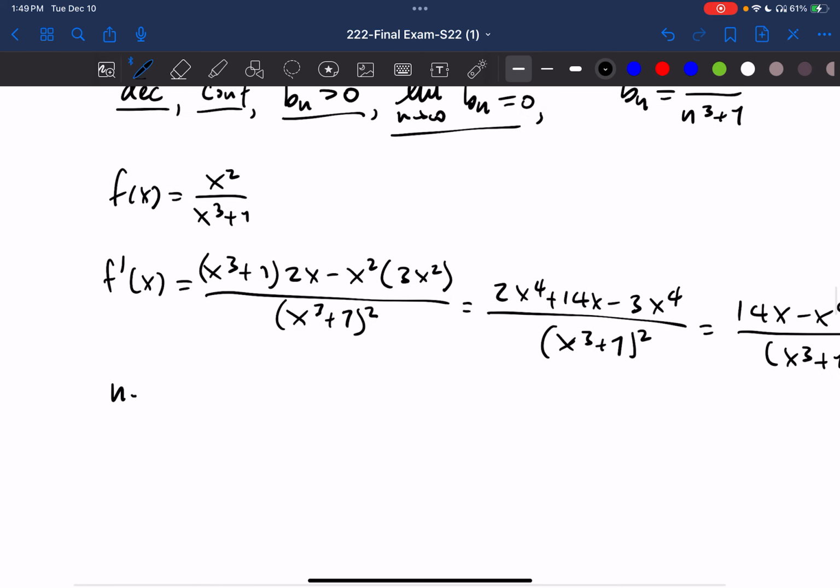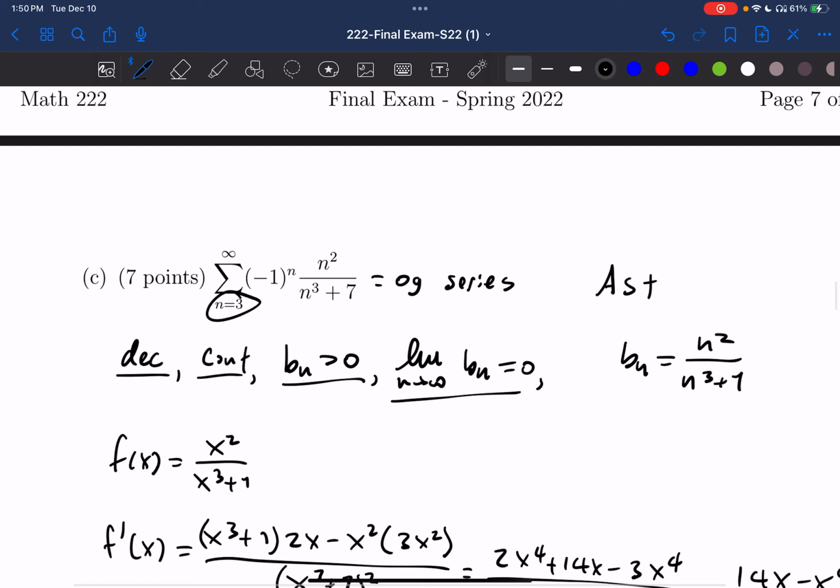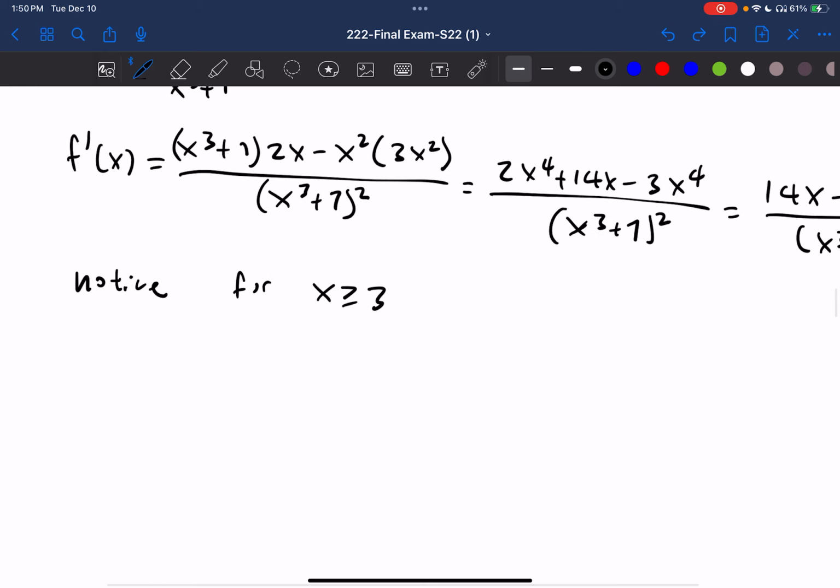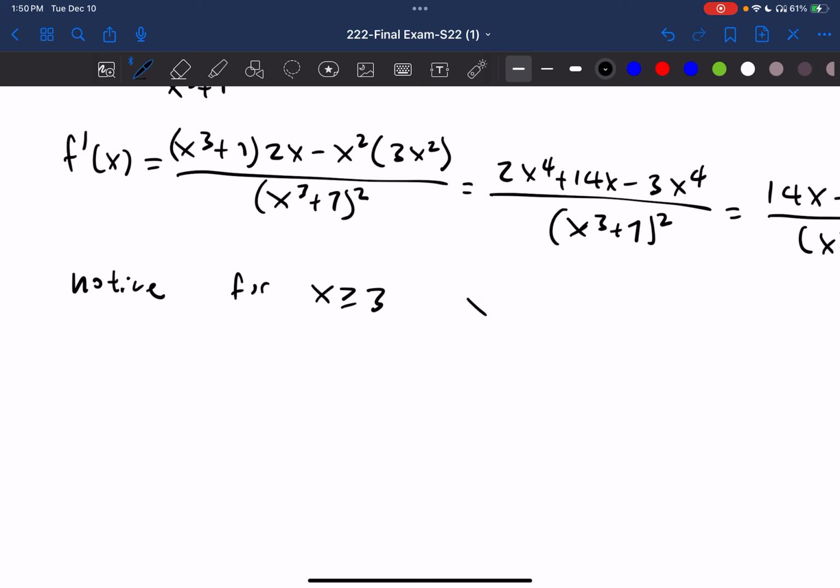So notice that for when x is greater than or equal to 3, because we're starting at 3, if we square both sides, we're going to get x to the third power is greater than or equal to 27.